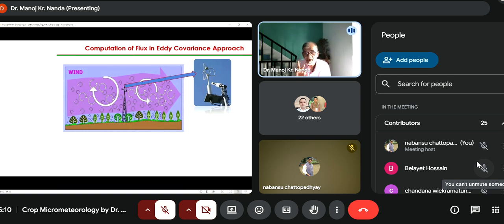The three things are simultaneously measured. So it is not only a gas analyzer, it is not only CO2 measurement. It integrates these three things by default. The sonic anemometer measures the wind speed at a very fast rate. So now the measurement system becomes complicated because the principle requires very fast measurement.